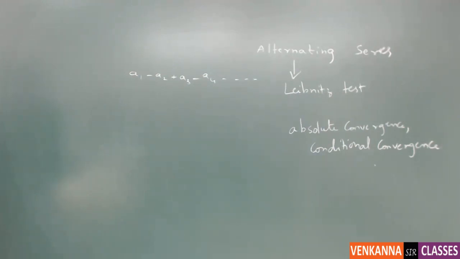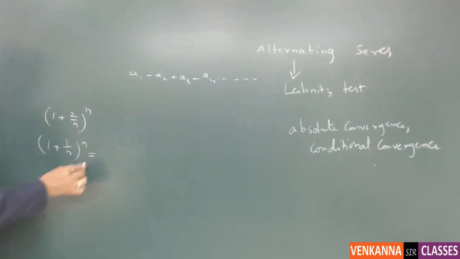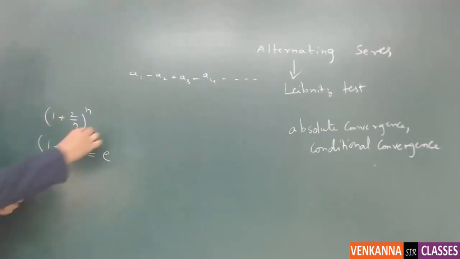One plus 2 by n whole power n equals e square. This is e. So how do you deduce that this value is equal to e square?